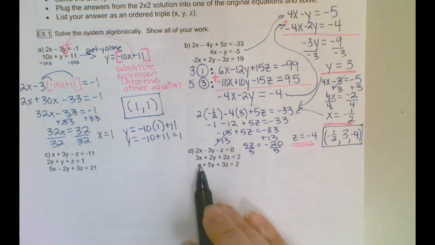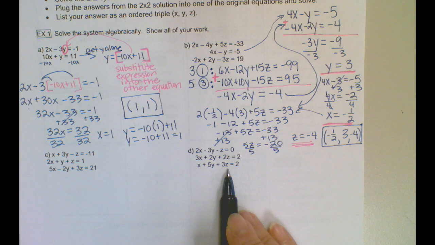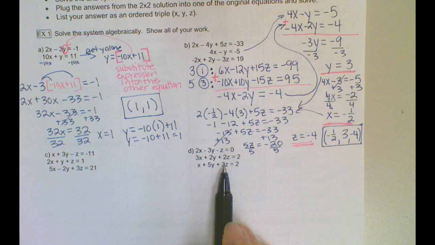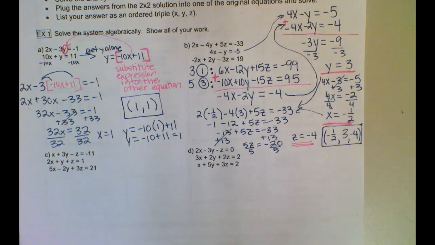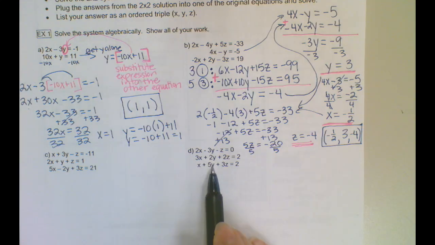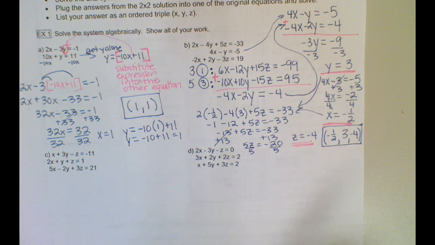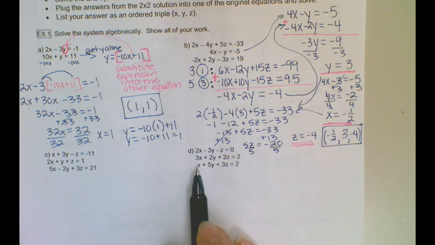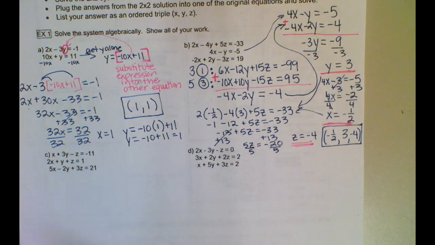When I look at these, I don't really already have opposites. I would say that x and z are fairly similar in ease. The reason I'm saying those are easier than y is I don't have any plain y or negative y's. So it'll be just a little more difficult to eliminate y than it would be x or z. x and z are going to be almost the same amount of work.